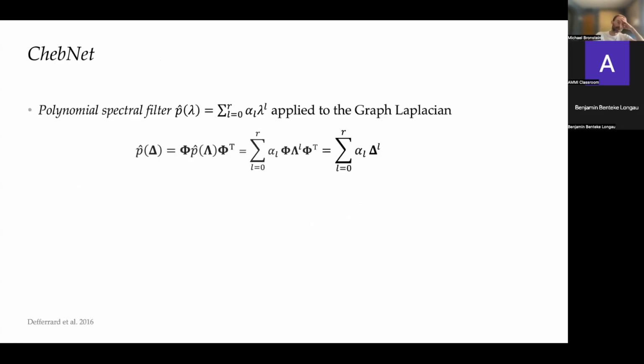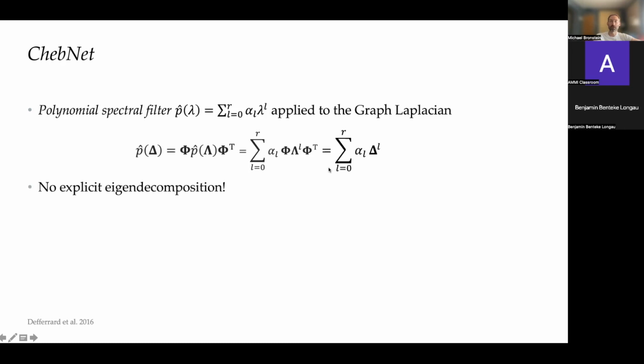Now, what ChebNet does is apply a polynomial filter to the graph Laplacian. Applying a filter to the Laplacian, I remind you, amounts to applying this function to the eigenvalues, and basically it amounts to taking the powers of the Laplacian and multiplying them by some learnable coefficients, which we denote here by alpha, and summing everything up.